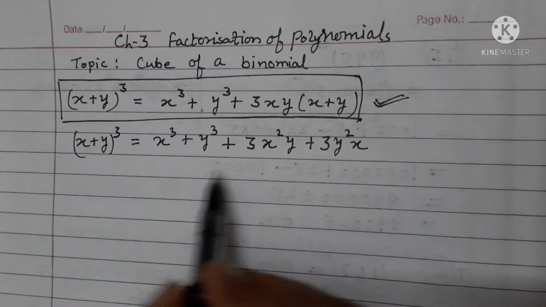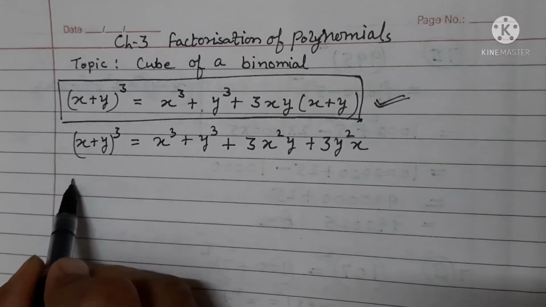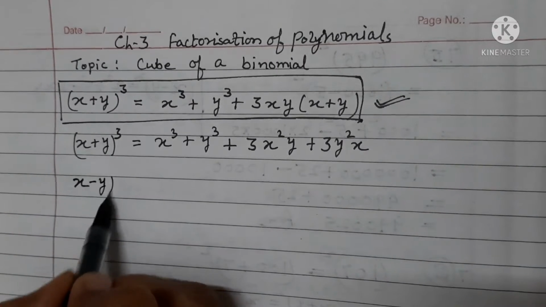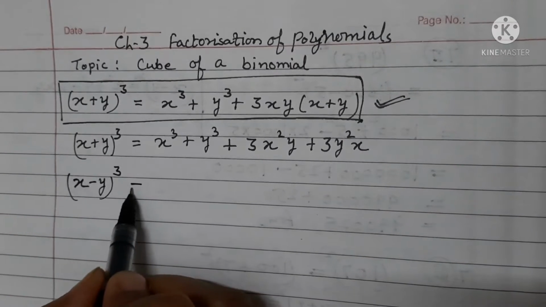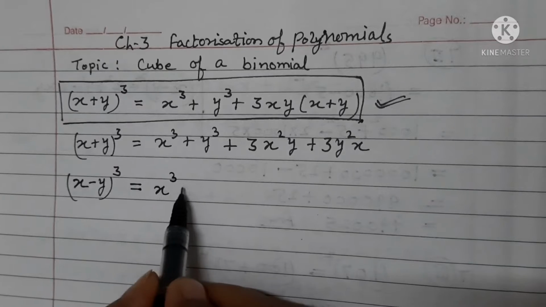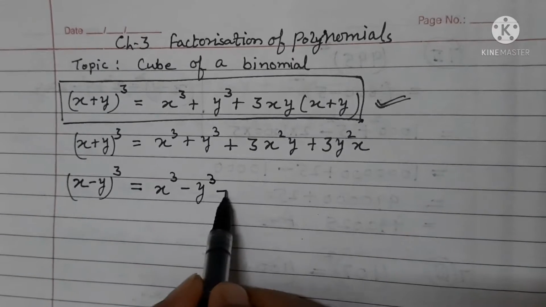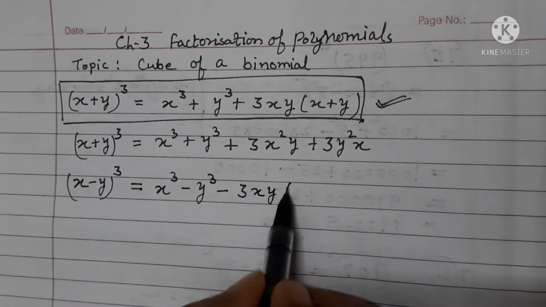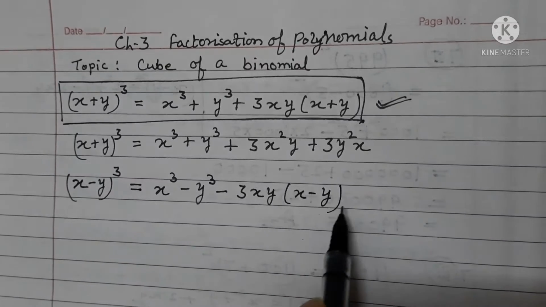You can convert it in this form also. And second is (x − y)³ = x³ − y³ − 3xy(x − y).